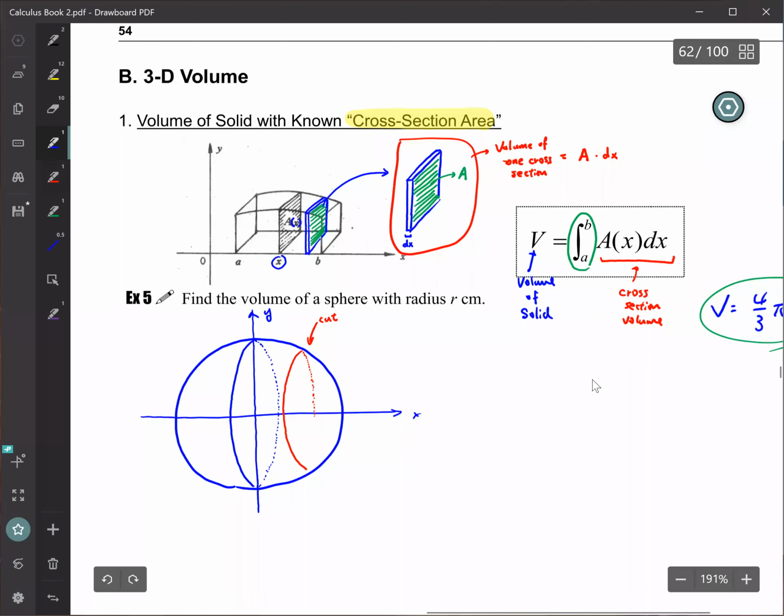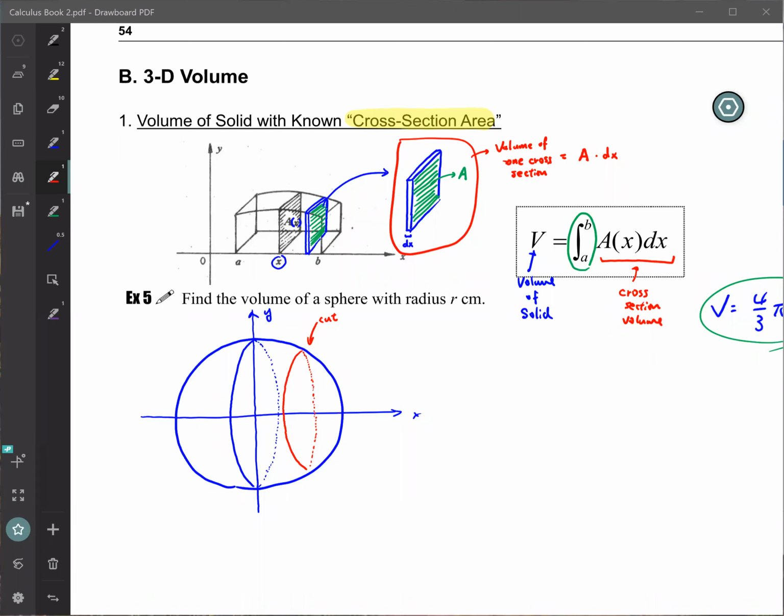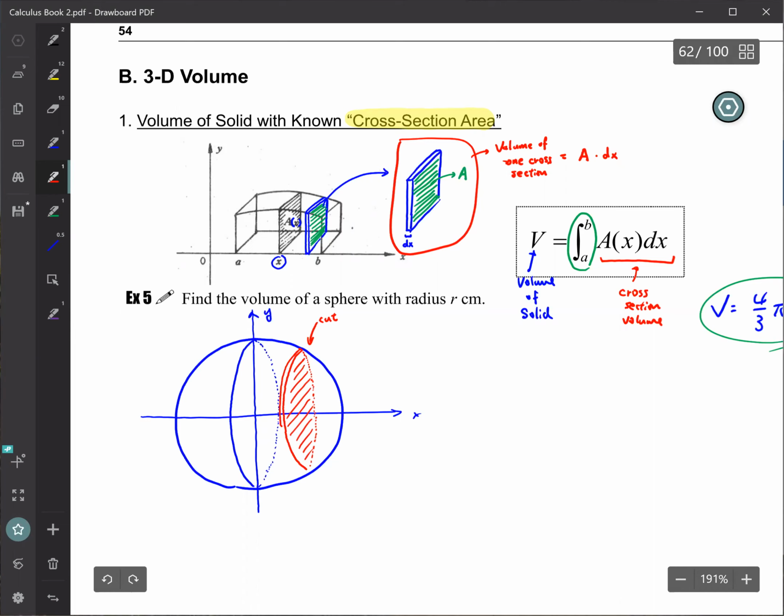Okay, so I was saying the cutting, right? So we cut it closer to the right side. Okay, so this area has a little thickness, just like the cross section that we show on the top.